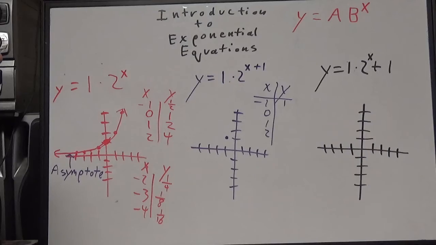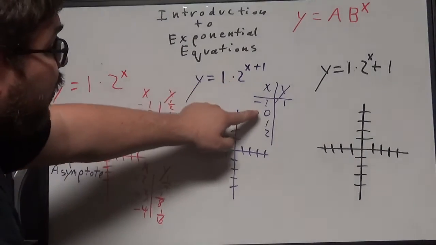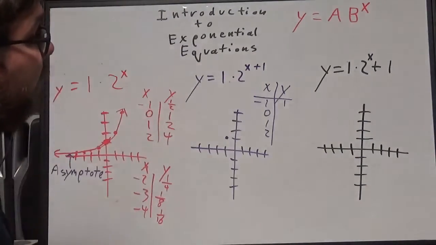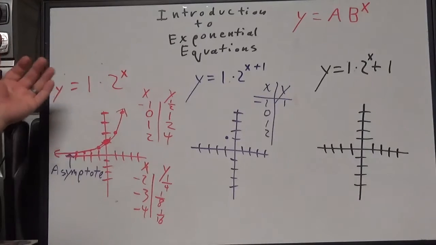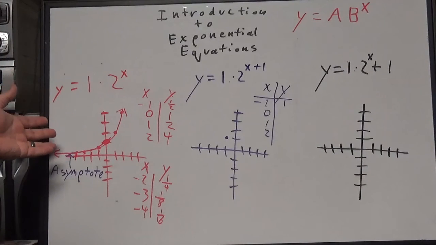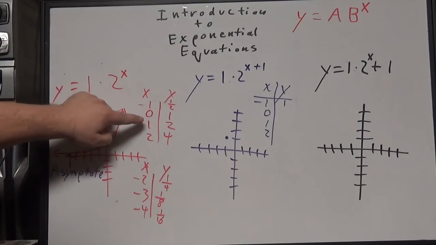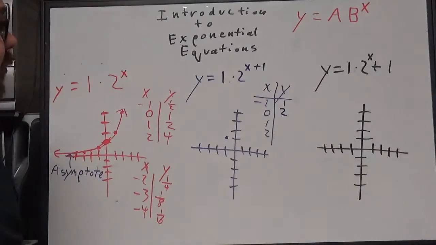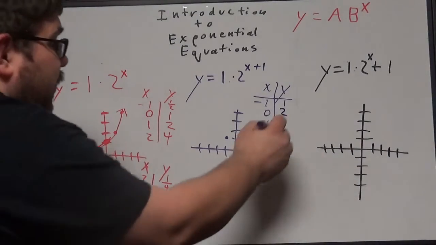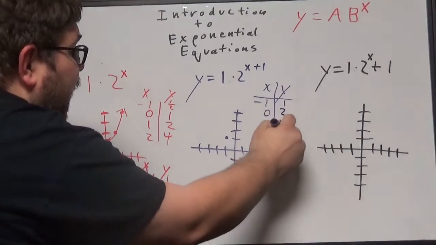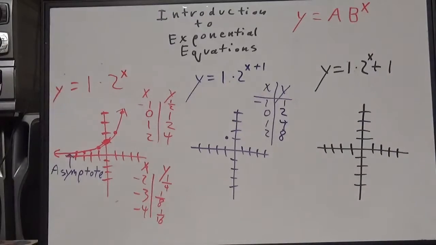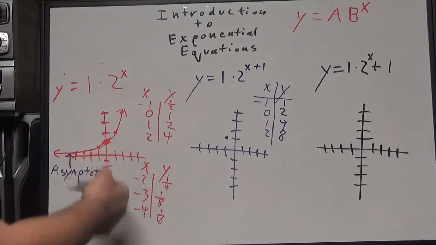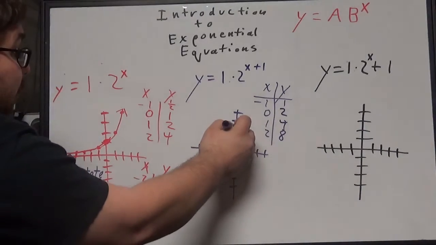I put in again, 1 times 2 to the power of 0 plus 1. Well, that's the same as 1 times 2 to the power of 1, which we have here. 2. And as we go on, 1 times 2 to the power of 1 plus 1 is 4, and then 8, and so on. And if we go backward, we're still going to go the opposite way.